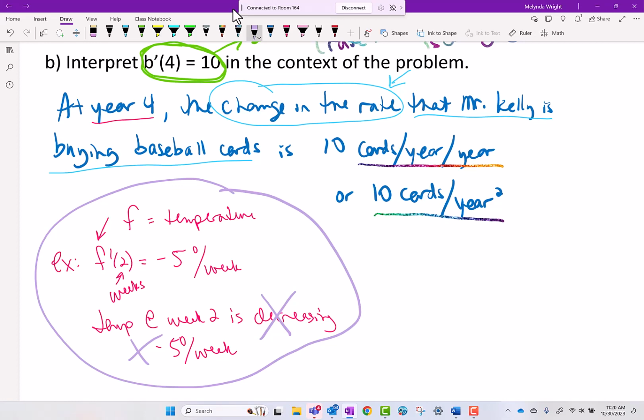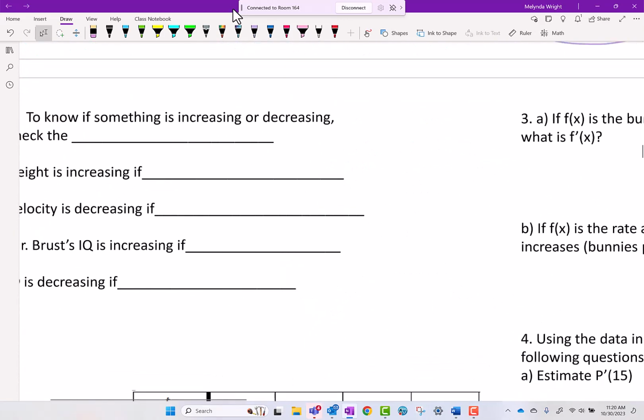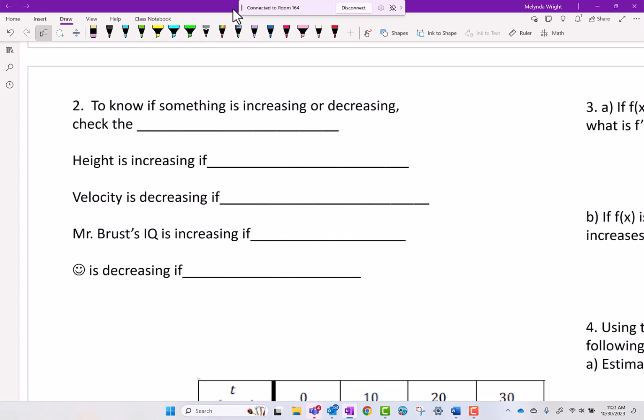Okay. So that's a lot of the words. We're going to continue with words on this next example. And this is still trying to get a good understanding of what the first derivative is doing. What does it do? To know if something is increasing or decreasing, and this something, we don't know what it is, let's just call it "it." Using "it" really almost makes me break out. You don't use the word "it" like ever.